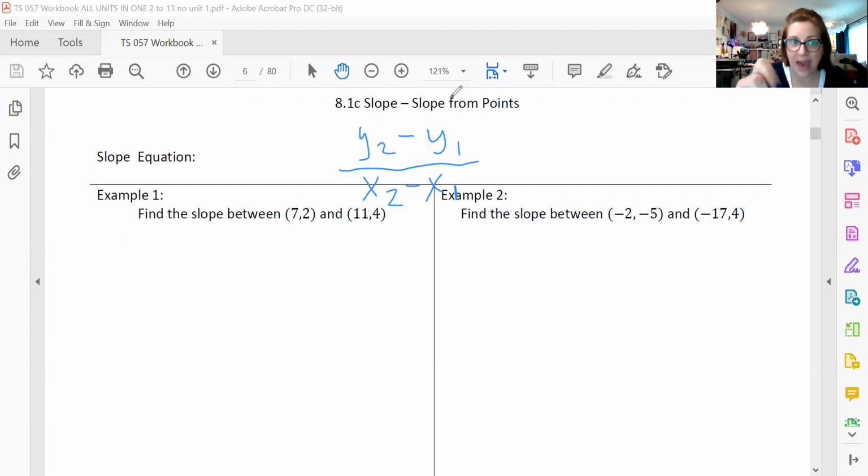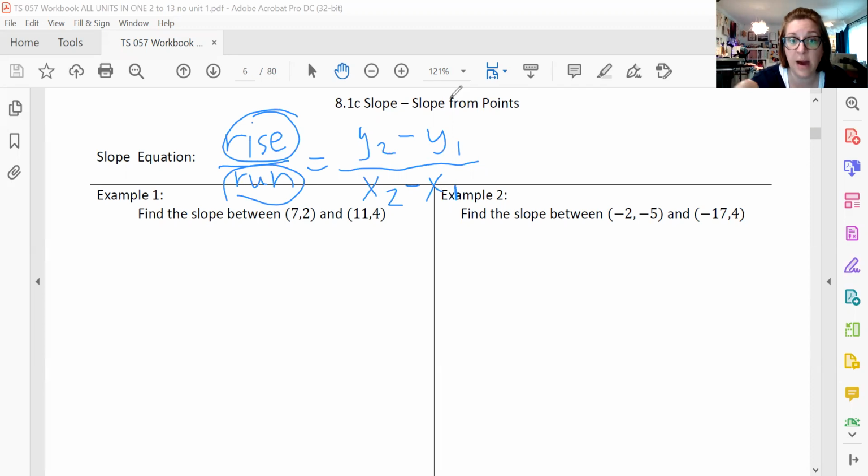And if you think back to what we just talked about in the last section, it was rise over run. The rise is how many up and down, and the run is how many over we go.